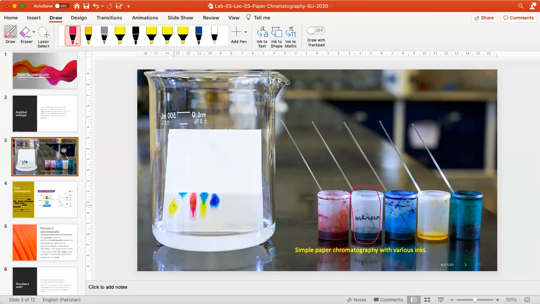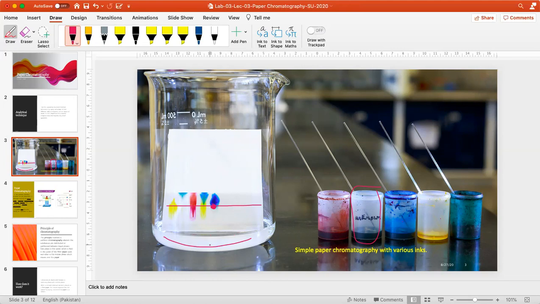Now when they apply this sample over here, this is the solvent line, and one drop of the mixture was applied over here, and then this paper was put into this beaker containing the solvent system. Okay, so the solvent system is the mobile phase, right?